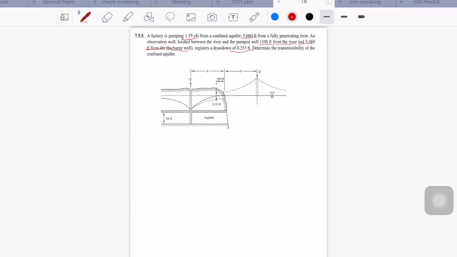We need to determine the transmissibility of the confined aquifer. So actually, this problem is very similar to the example 7.50 in the textbook, and we will use this figure to solve this problem. And this is well A, and this is well B, and we know it is a recharge well.